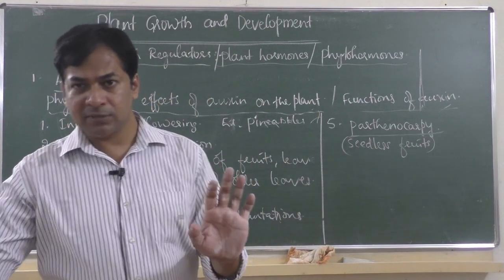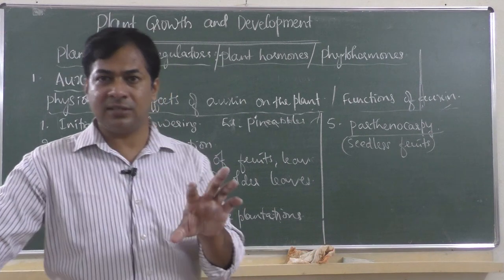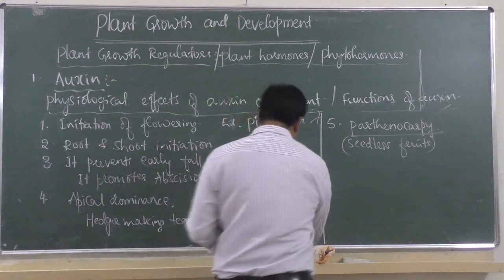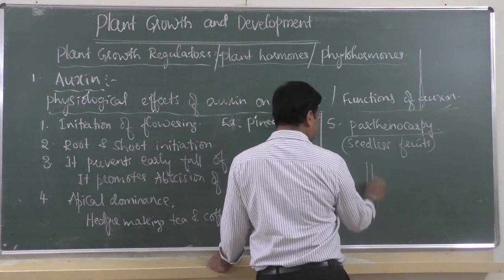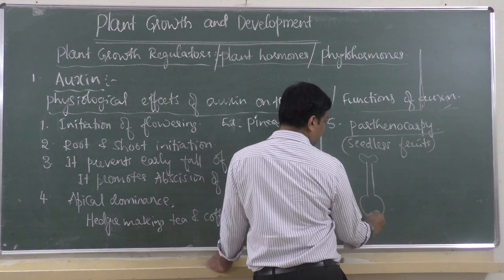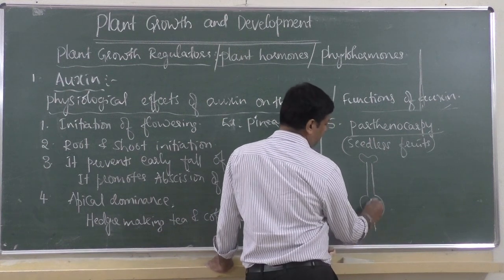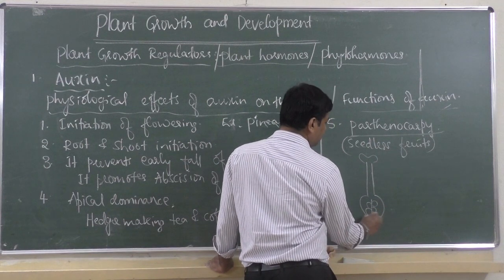Fruit is produced because the ovary becomes fruit. The ovule becomes seed. That is the process. So this is stigma, style, ovary. Inside the ovary there will be ovules.